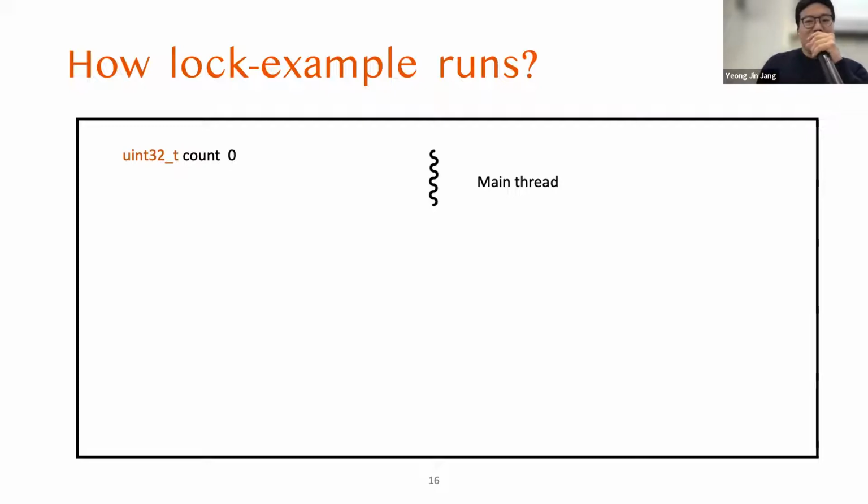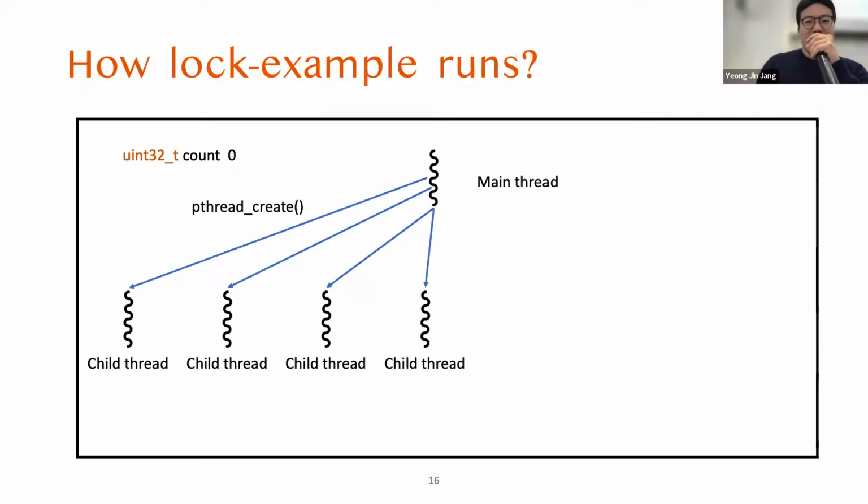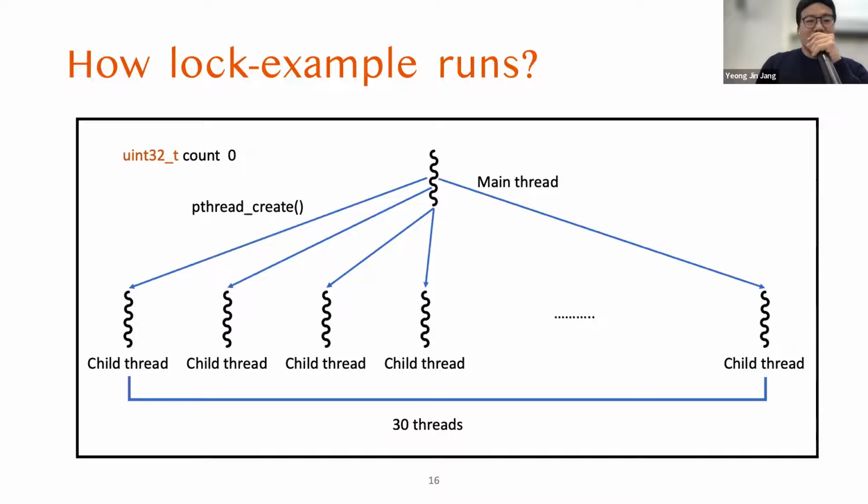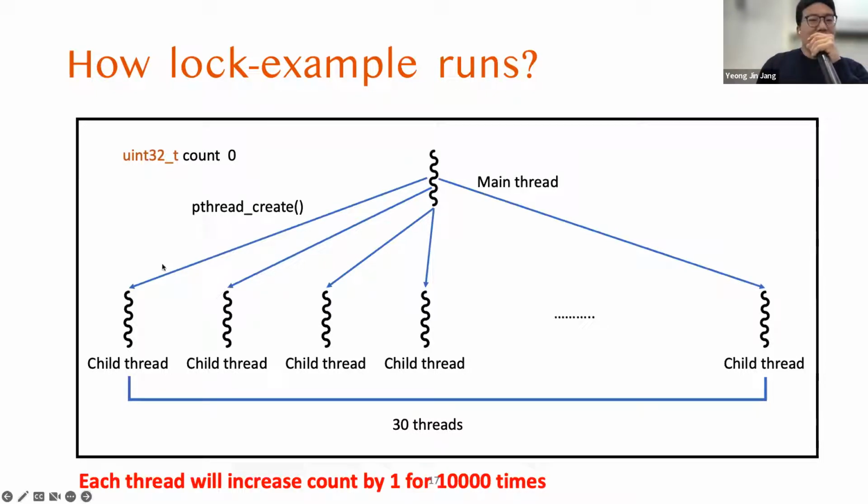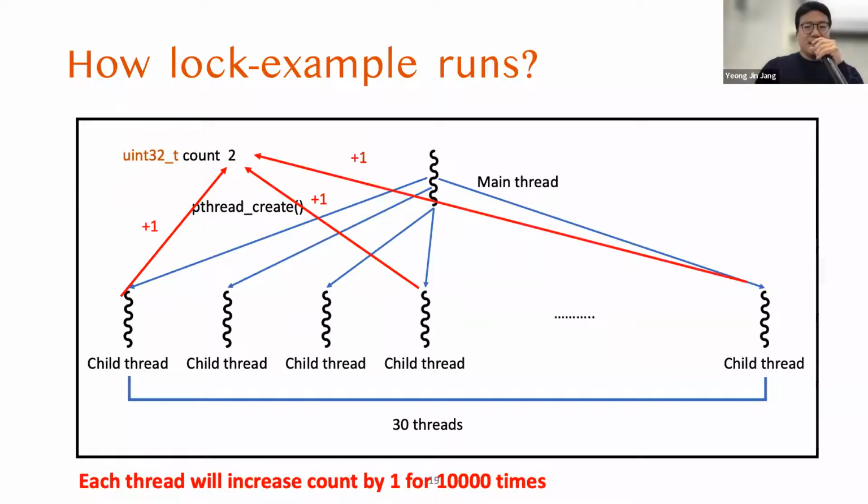The main thread will fork 30 different threads, and each thread will count up this counter value 10,000 times. So it's something like this. Each thread counts up 10,000 times, and we have 30 threads. So if it is synchronized without a data race, then we should observe 300,000 as the result.